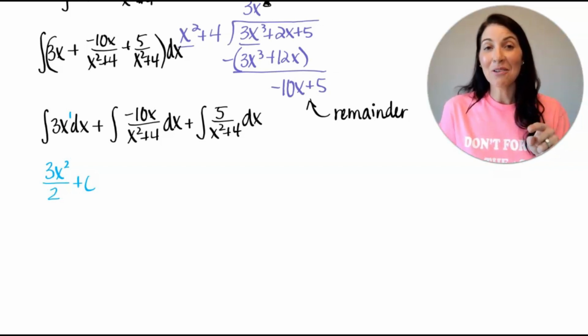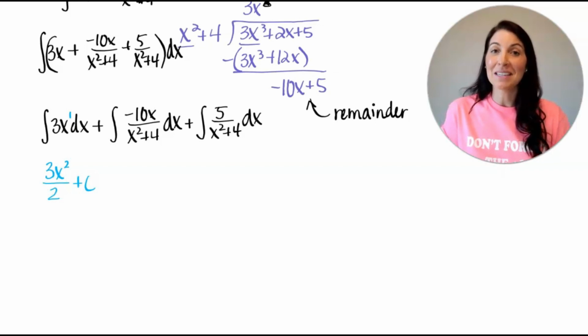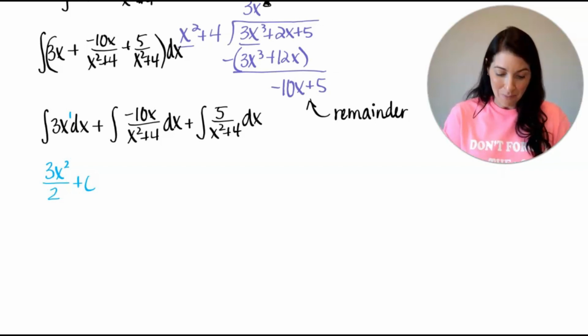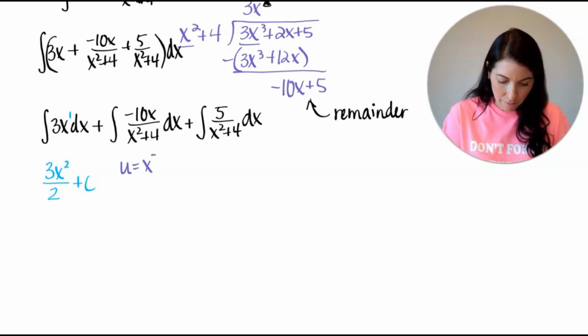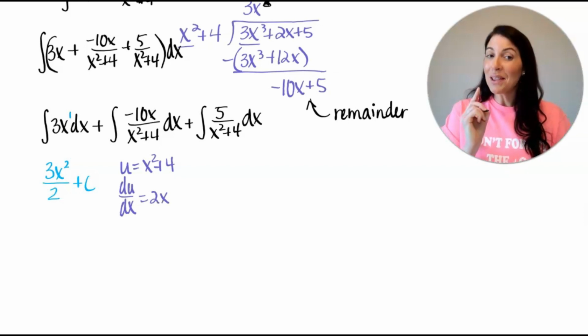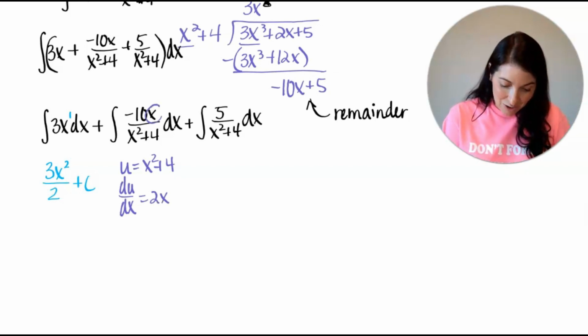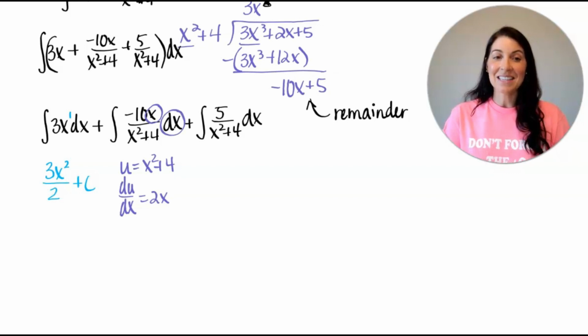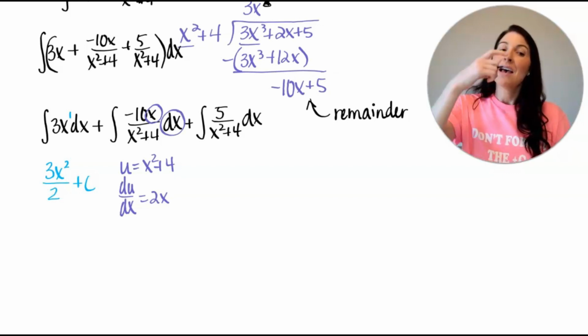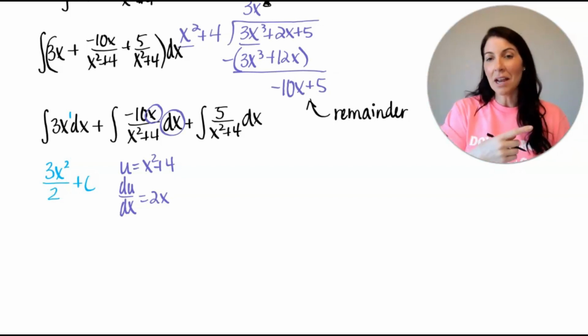Now in this integral, I'm going to make the denominator be the u. I'm going to set the denominator equal to u, and then my derivative of u with respect to x is going to be 2x. Now I really like that because in the numerator I do have x dx, and I can form that x dx by multiplying over the dx and dividing by 2.